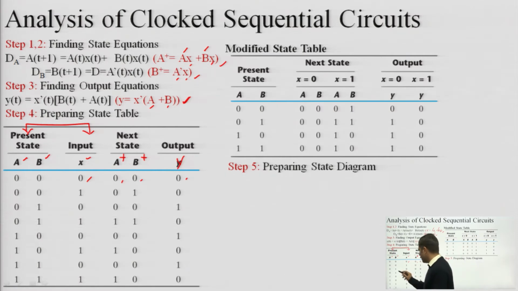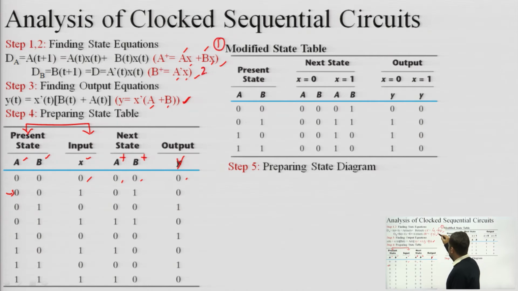Similarly, we can feed this set of values 0, 0, 1 into the 3 equations 1, 2 and 3. So this is equation 1, this is equation 2 output, and this is equation 3 output. Okay.